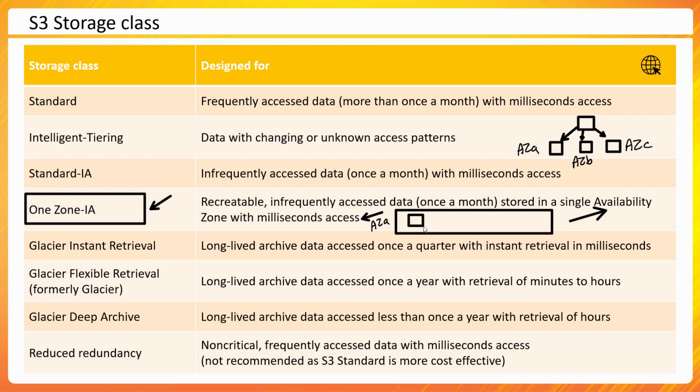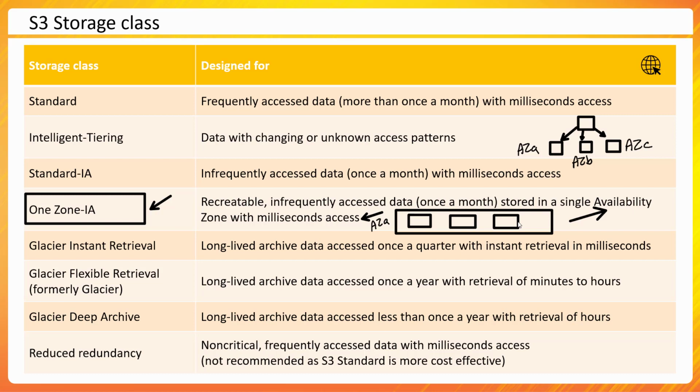It would still be maintaining the 3 copies. It's not like 1 copy is maintained. Still there are 3 copies of that data. That's why we say S3 is designed for 11 nines of durability, because it is still keeping 3 copies of your data. But in this case, your availability would be lesser.